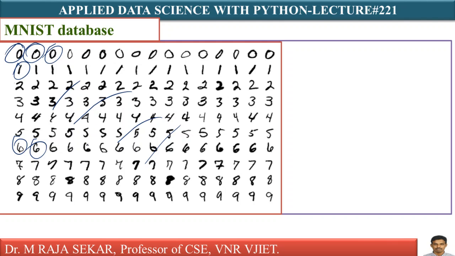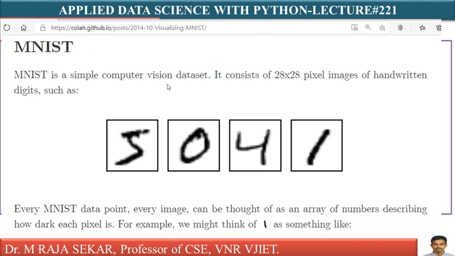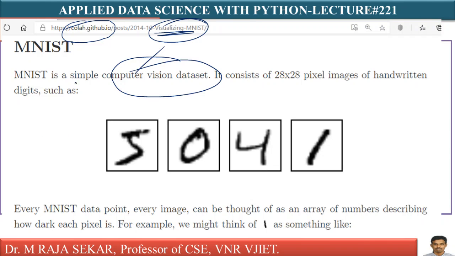Before understanding this particular data set, let me introduce an exciting blog. The blog name is colah.github.io, visualizing MNIST, isn't it? Basically, this is a computer vision data set, the MNIST data set.